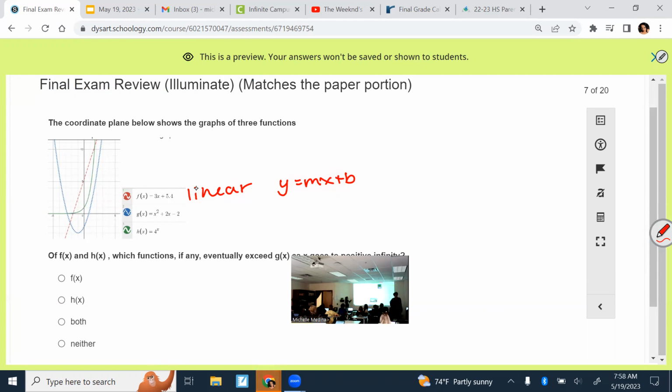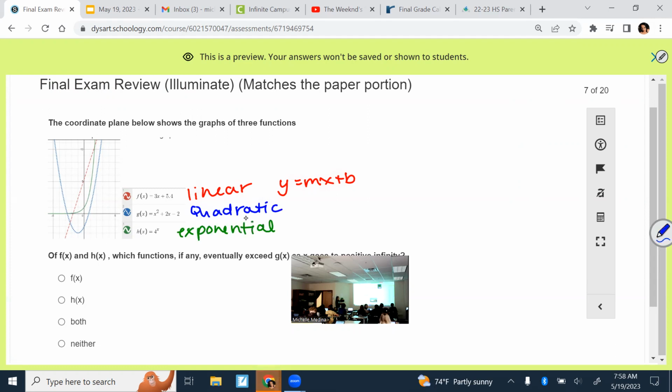G of x is the blue one, looks like this. Exponential. Okay, now you guys have it backwards. All right, so g of x, the blue one, is quadratic. And then the green one is exponential.